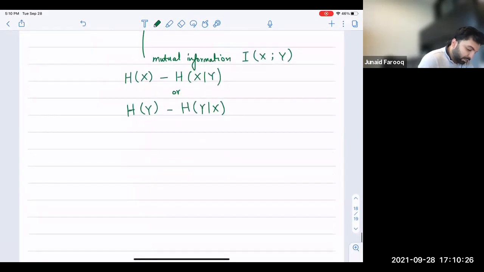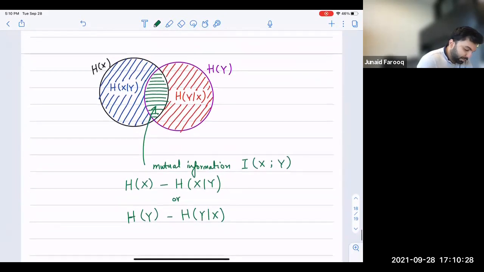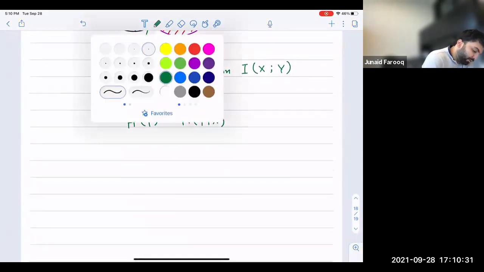So let's see how this is a special case of KL divergence.